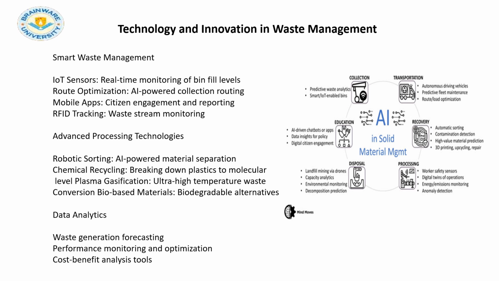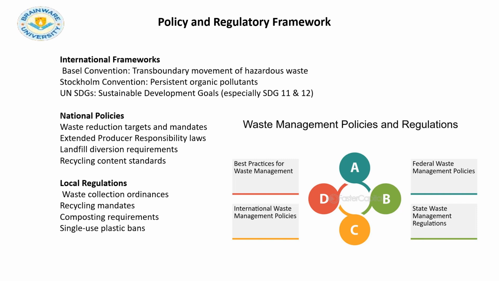In data analytics we can do waste generation forecasting, like the amount of waste that will be generated, monitoring and optimization, and there are various tools with which we can do cost benefit analysis.